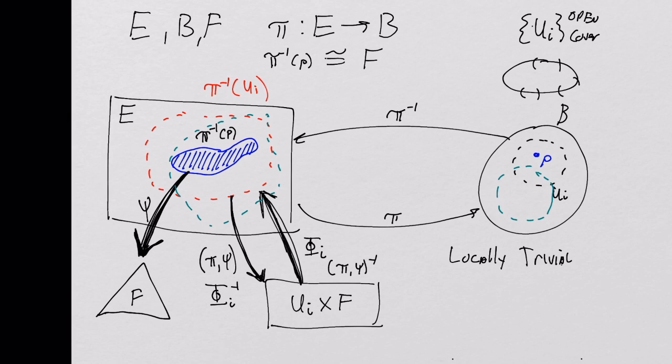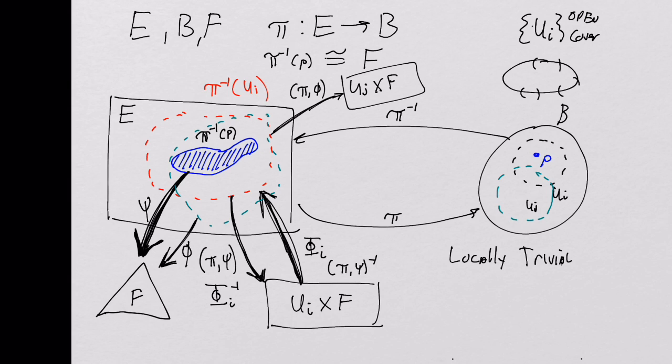Its mapping to the fiber bundle might be phi, and its mapping to U_I, it will have a mapping not to U_I, but say, U_J. It will go to U_J across the fiber, and that mapping will be pi phi, like that.